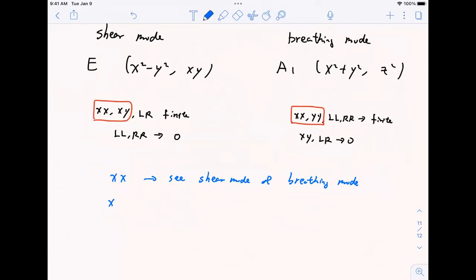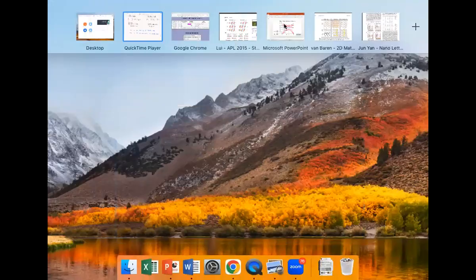And if you use XY, you're going to see only shear mode, no breathing mode. And you can check our result.